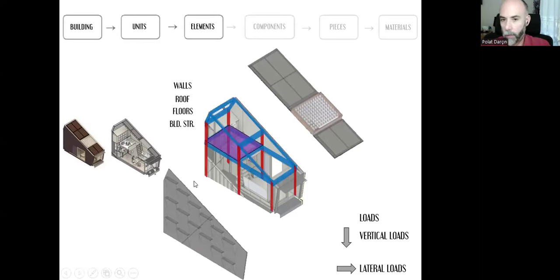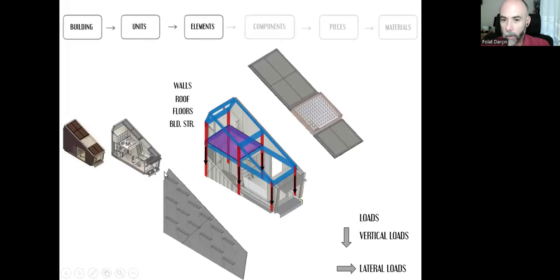That's the building structure. We need to design the building structure based on our previous decisions about the building itself and the units. And the loads will start at the top. All these loads affecting the roof or the floors will be transferred to the beams or horizontal components, the structure's horizontal components.